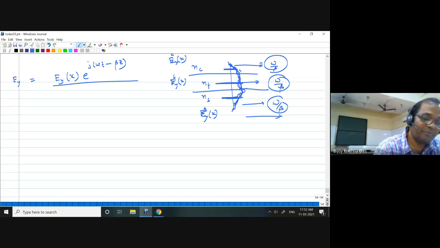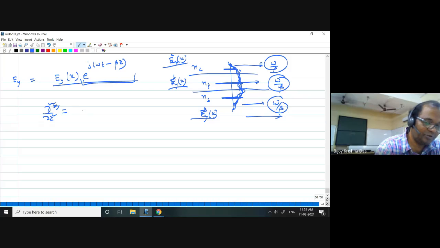But all these solutions should be associated with the same phase, the same frequency, e to the power j omega t minus beta z. So I have written that the z dependence is also well known, right? So if I try to write del 2 del z2, suppose I just try to find del 2 Ey del z2, what would be the value?